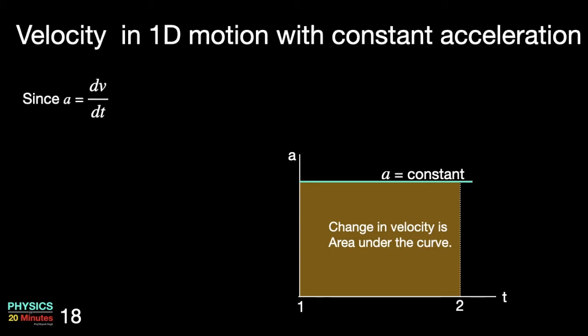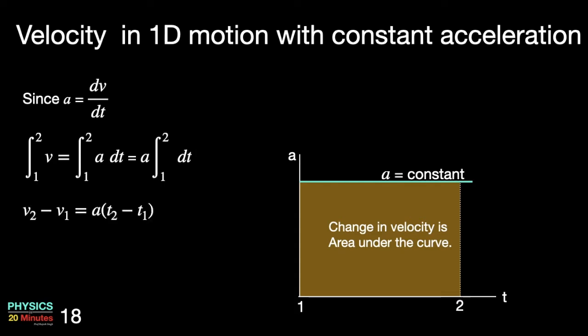Since a is dv by dt, we can integrate a dt and we get the change in velocity as a into (t2 minus t1). Let's say v1 is v0, which is the velocity in the beginning, v2 is v, t1 is 0 when the observations began, the starting time, and let's say t2 is t, any arbitrary time.